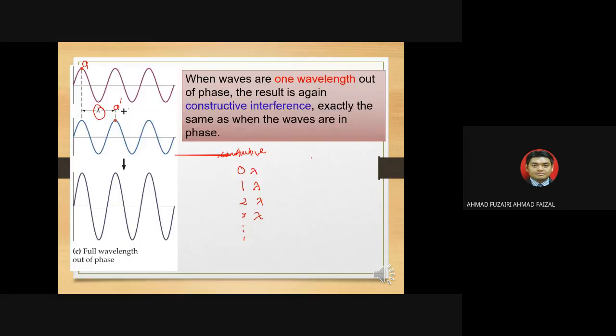But for destructive interference, normally it involves 0.5 lambda, 1.5 lambda, 2.5 lambda, and so on. When we don't have an integer number, it will be destructive.